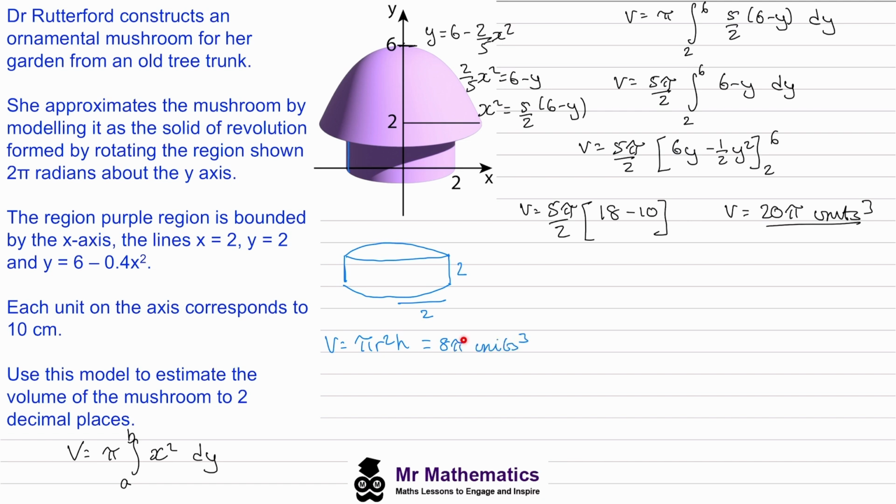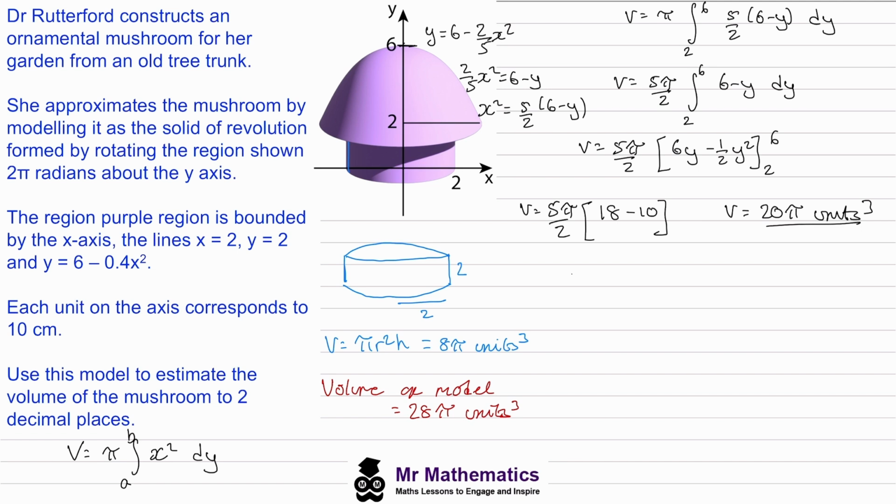Now we can add these two sections together. So the volume of the model will be 28 pi units cubed. And we're told that each unit on the axis corresponds to 10 centimeters.